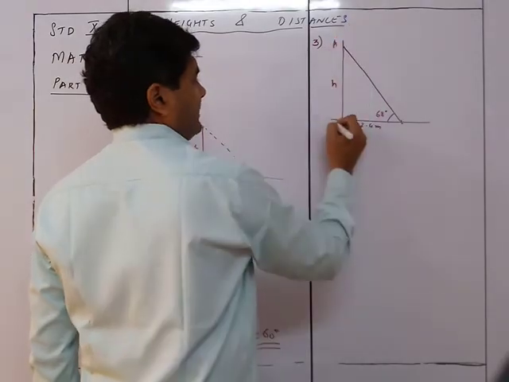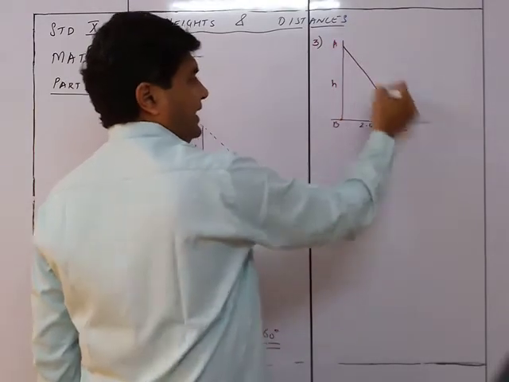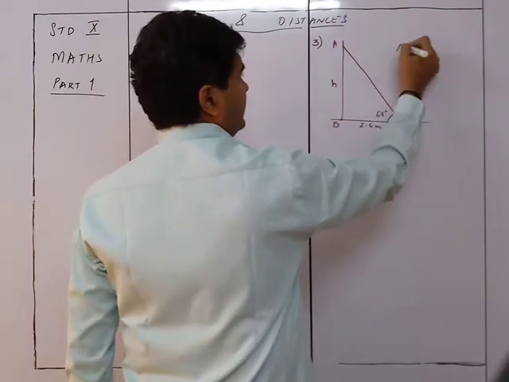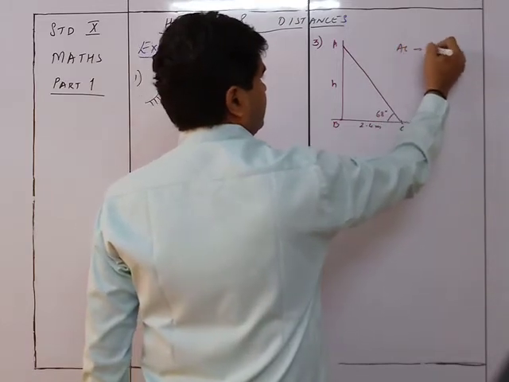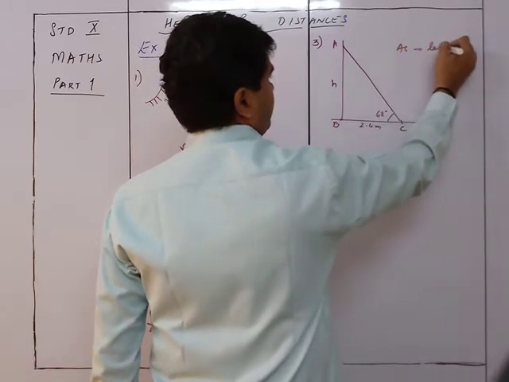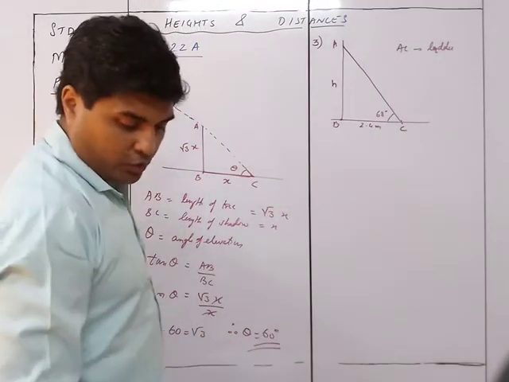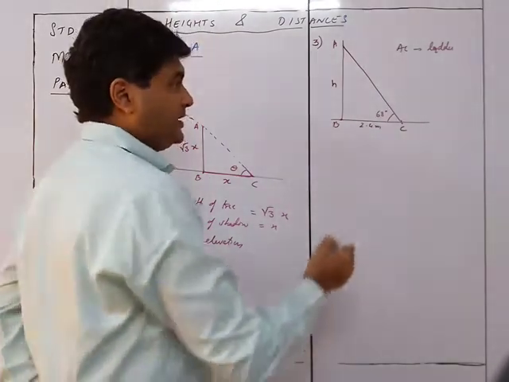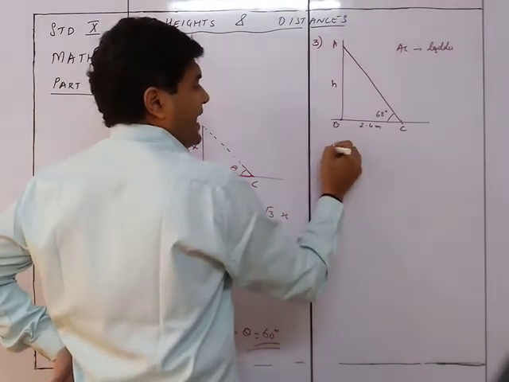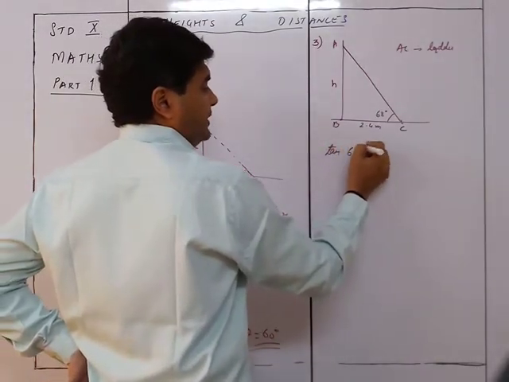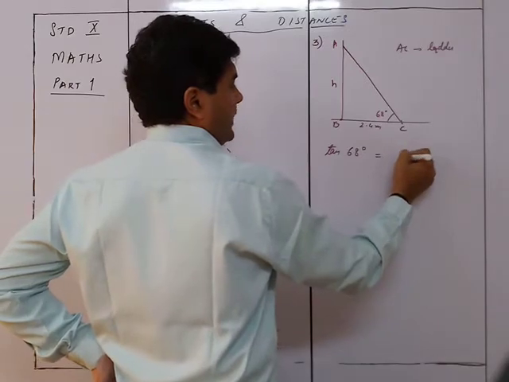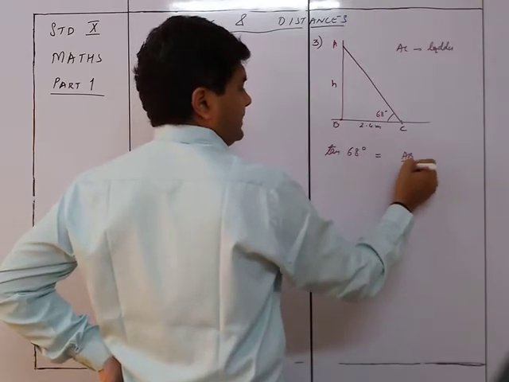Let's name the points A, B and C. AC is the ladder. The foot of the ladder is 2.4 meters from the wall. So we know here that tan 68 degrees is equal to AB upon BC.